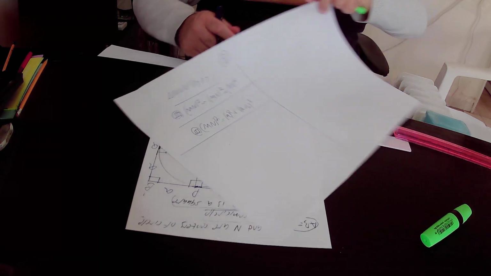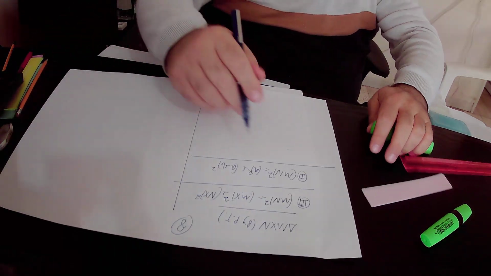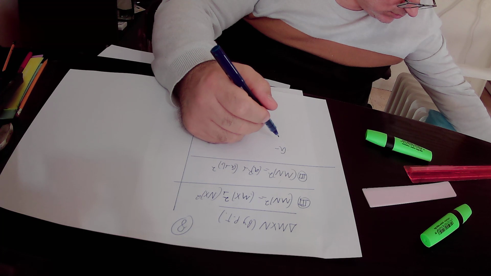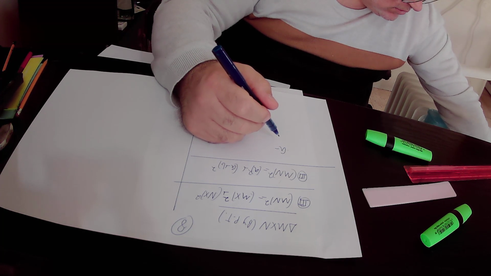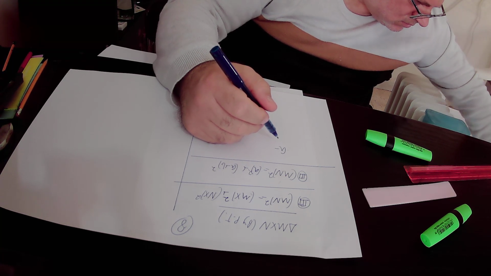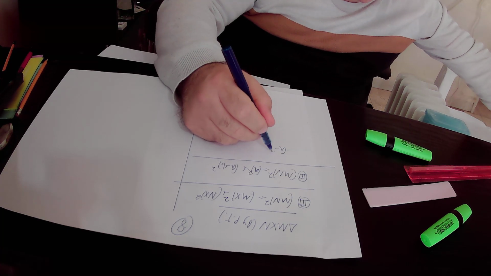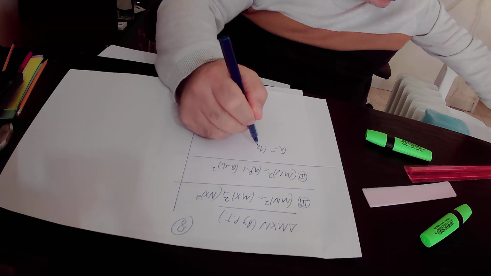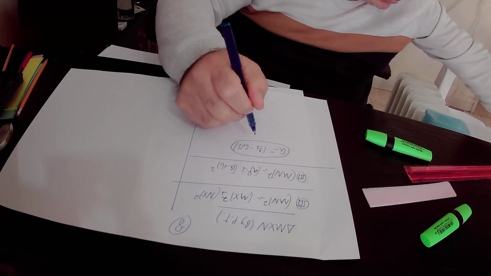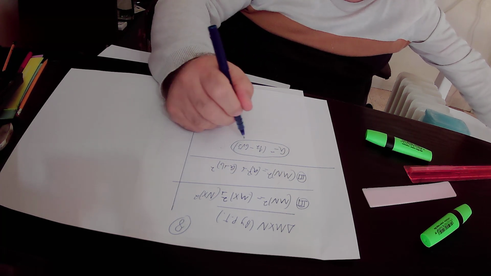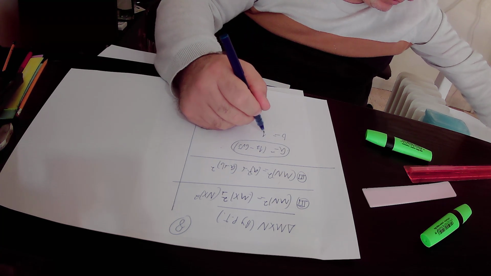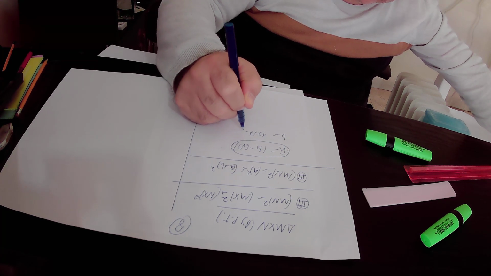But we have already found out that the value of A equals 12 minus 6 times square root of 2, and we already found out that B equals 12 times square root of 2 minus 12.